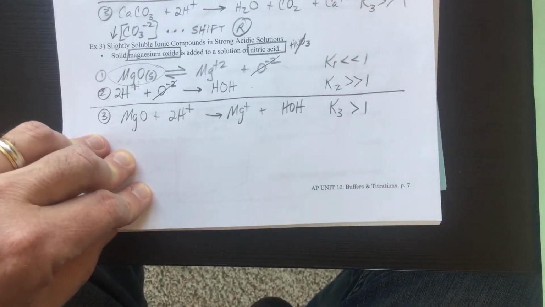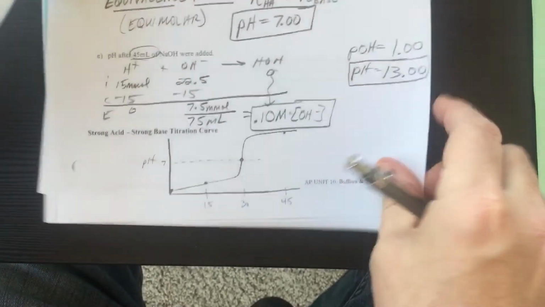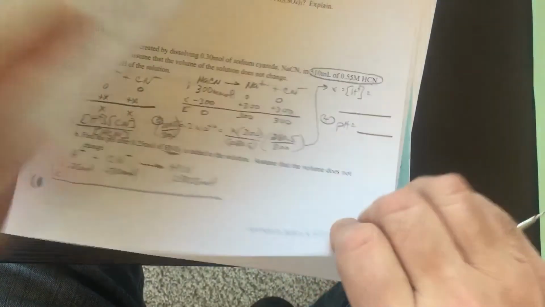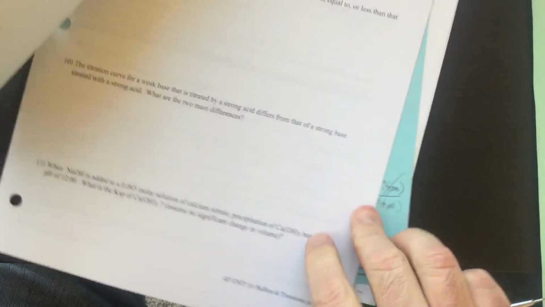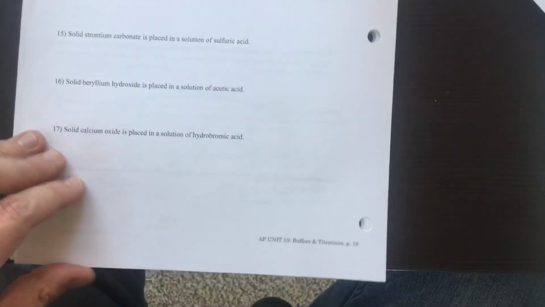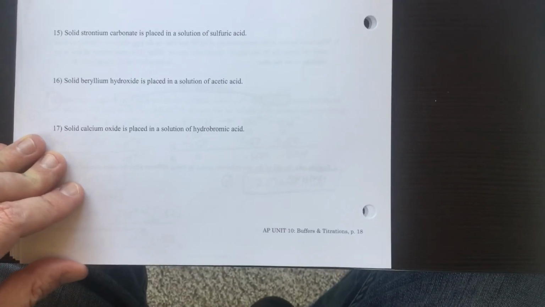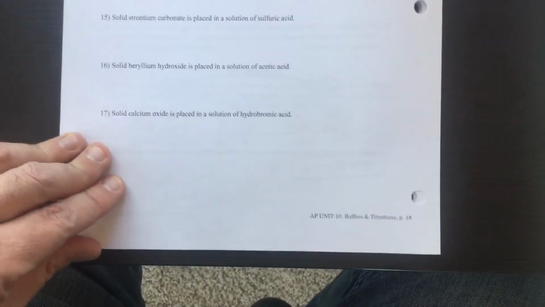Yet one last time, the sample problems, you will find those related to these questions. I'm looking right now. You will find those sample problems related to this. Looks like on page 18, number 13 through number 17.